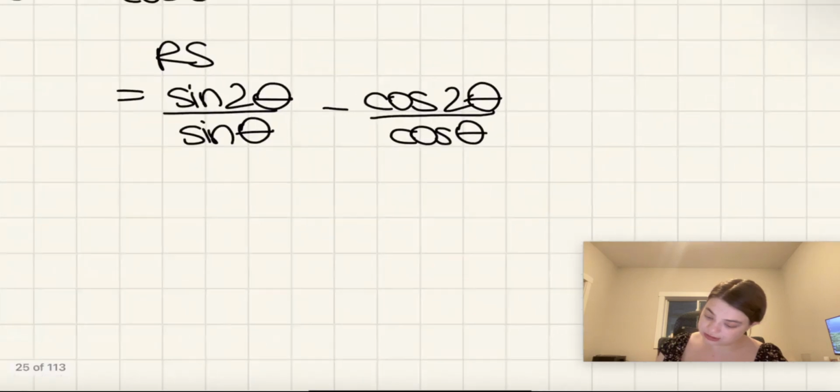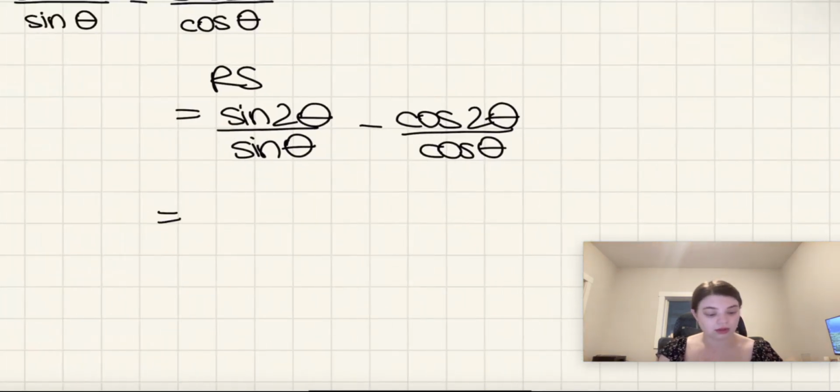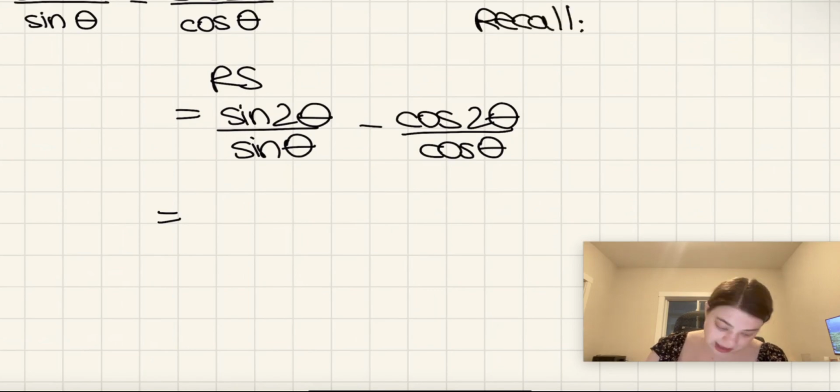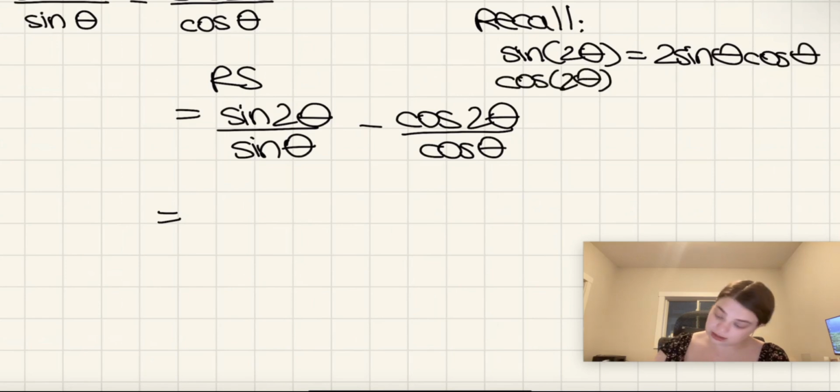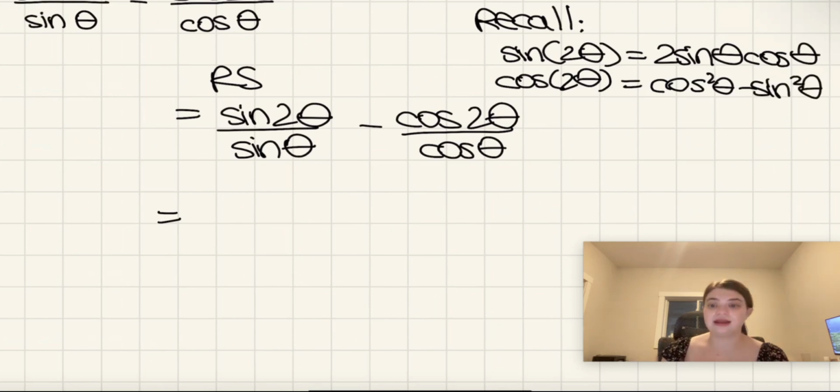And also, I want you guys to recall some of the double angle identities, because we're going to need to use both those identities in order to simplify this further. So recall that sine 2 theta is equal to 2 sine theta cos theta, and also that cos 2 theta is equal to cos squared theta minus sine squared theta, like that.